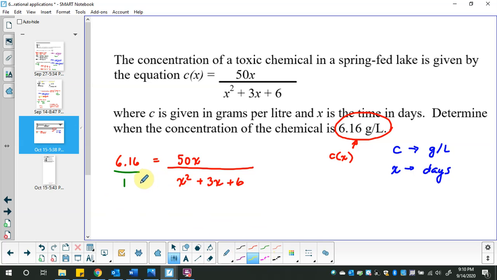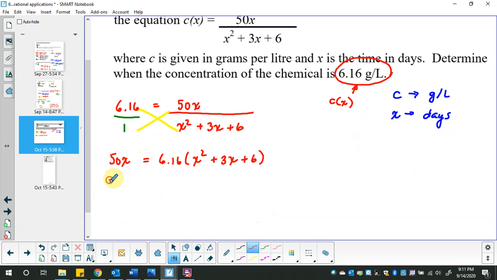So I am going to multiply in this direction first, which is normal for us. So 1 times 50x is 50x equals, and then the other direction is 6.16 times x squared plus 3x plus 6. Normally that would be 0 because the top would be a 0. The thing is, this is going to mean that I multiply the 6.16 into the bracket.